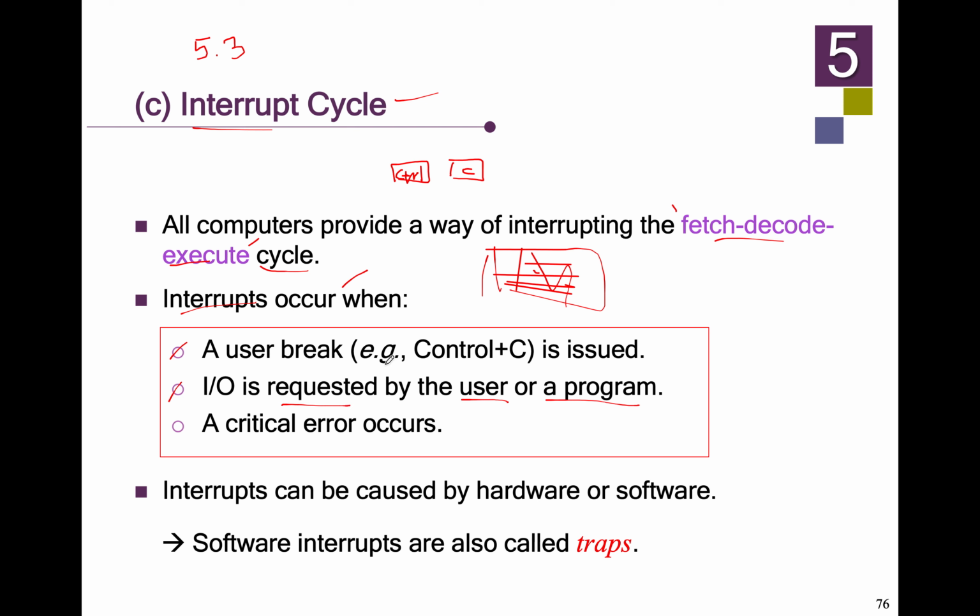Maybe it just waits for a while, or maybe it totally interrupts and restarts your program, depending on your programming. And lastly, a critical error occurs, whether your program has an error, or maybe your laptop suddenly sleeps or runs out of battery and turns off by itself. Then you're going to have the interrupt cycle.